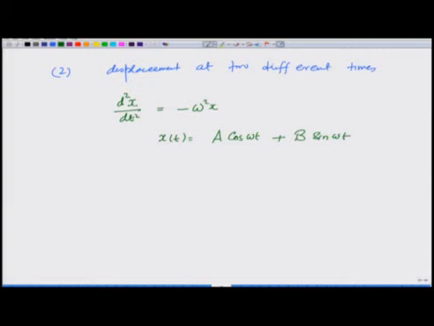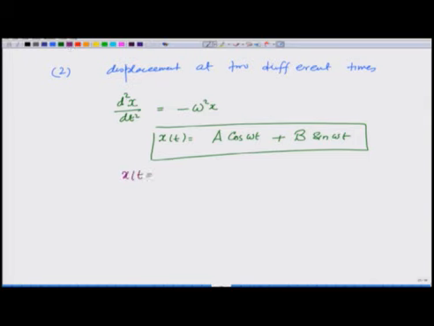This is it, I cannot determine A and B any further. And suppose now I give you that x at time t equal to 0 is x0 and dx by dt, that is velocity at time t equal to 0, is some v0. Now, I have given you two specific pieces of information, then I can determine A and B.